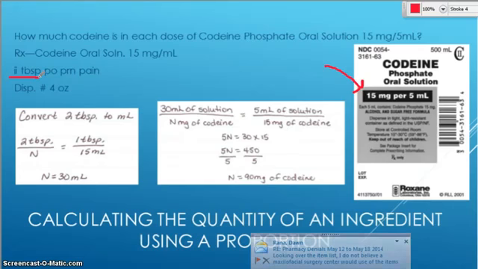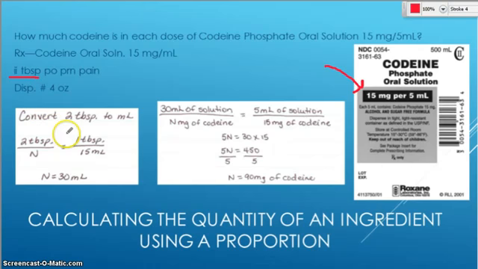So the first thing you're going to want to do is to convert your tablespoons to milliliters. We know that 1 tablespoon is 15 milliliters, so 2 tablespoons is going to be 30 milliliters. So we converted our tablespoons to milliliters first. Now the question is asking how much drug is in 30 mils of solution.